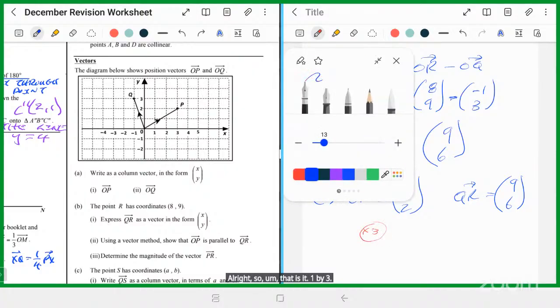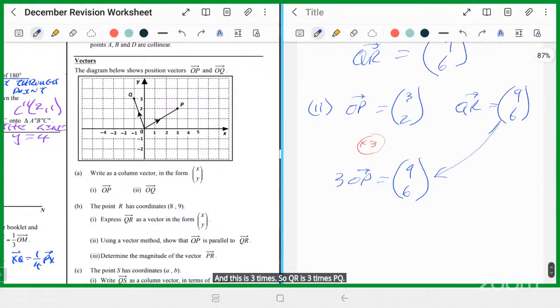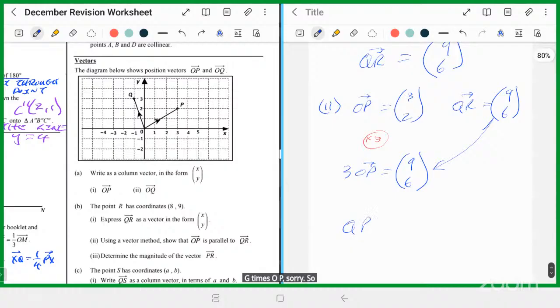And so you will see that 3OP is equal to the QR vector of 9, 6. Multiply 3, 2 by 3, get 9, 6. That is when they are equal, when this is 3 times. So QR is 3 times OP.